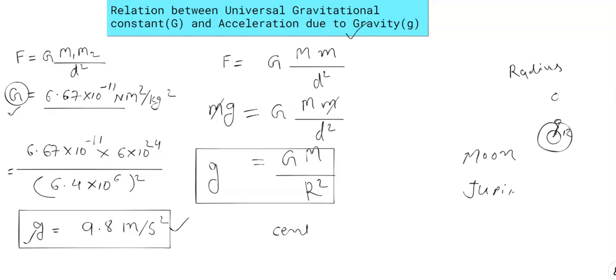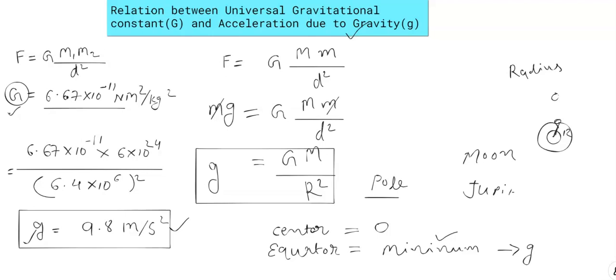At the center, it will be 0. At the earth equator, it will be minimum. The g value, I am talking about the small g value, at the earth's equator will be minimum, and at the pole the g value will be maximum.